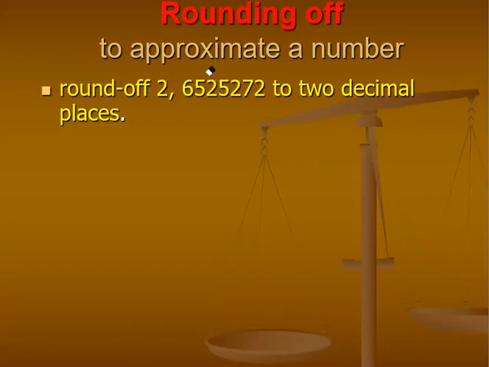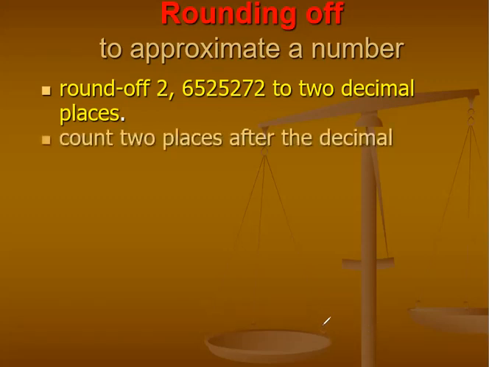Let's look at the number that we have there. It has lots of decimals, but with scientific notation, we prefer to count to two decimal places. We have our decimal point, and the two numbers are 65.